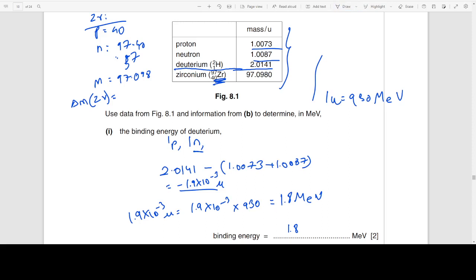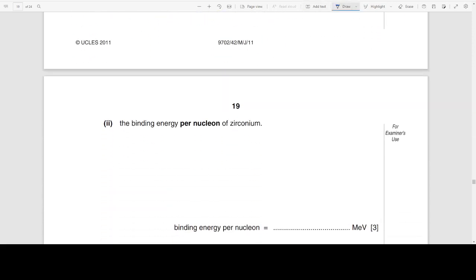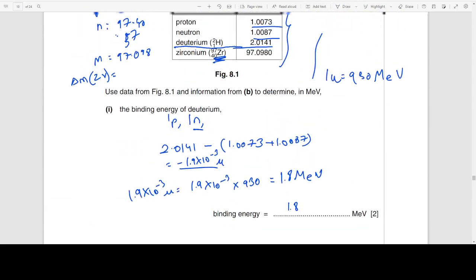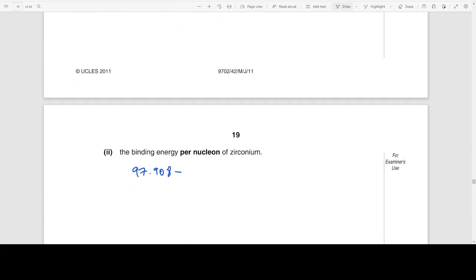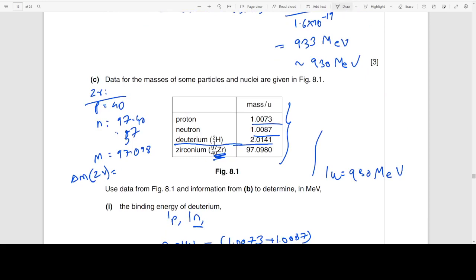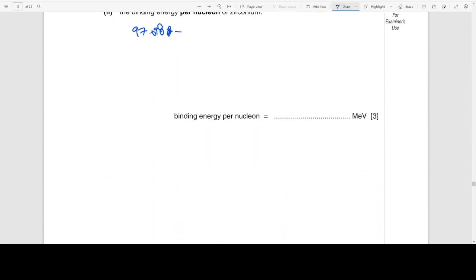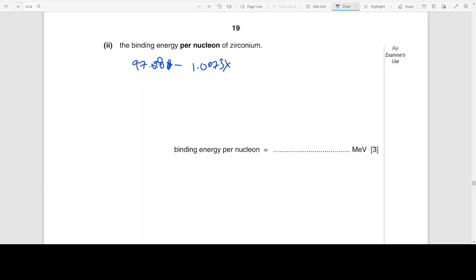let's do it on the next page. Mass of zirconium minus the total mass of the protons minus the mass of the neutrons.